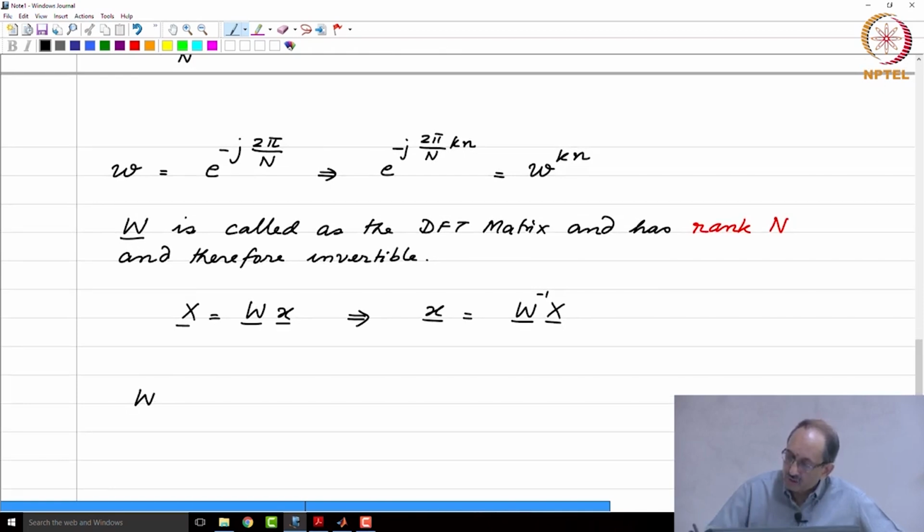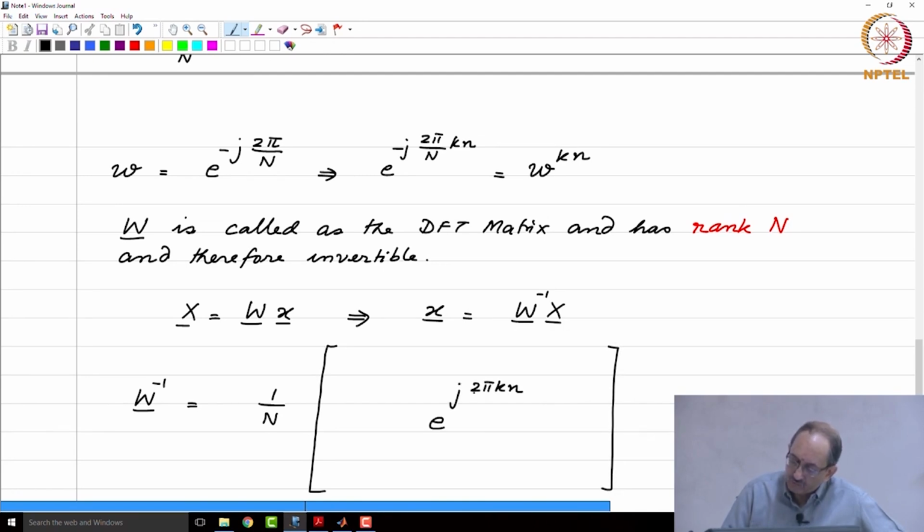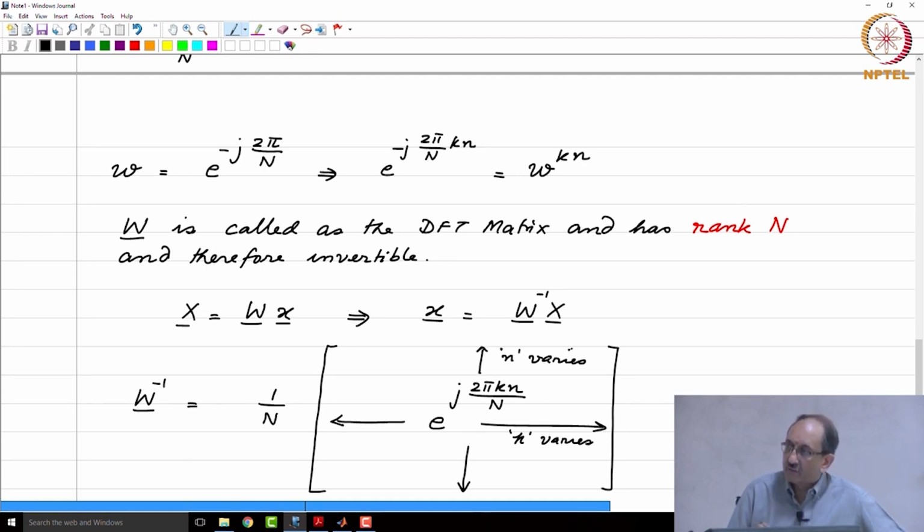and you can show that W inverse is this. So, that is also an n by n matrix. It is e to the plus j 2 pi k n by cap N, and in this dimension k varies, and in this dimension n varies.